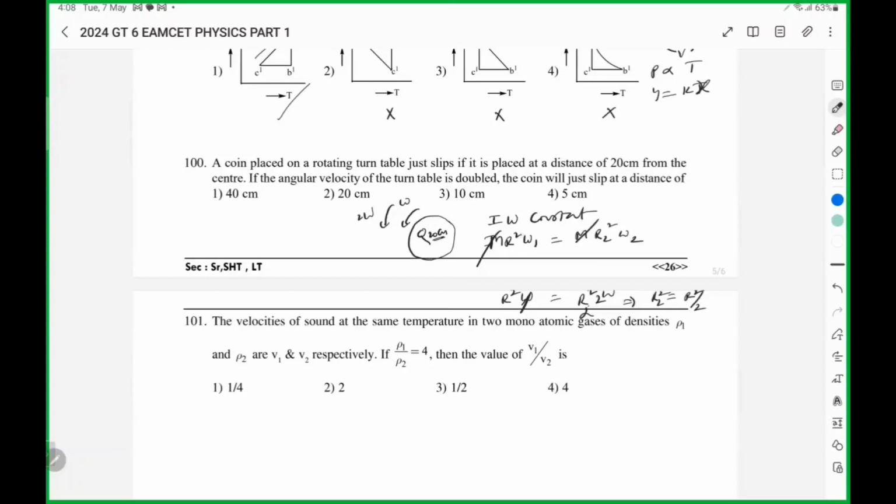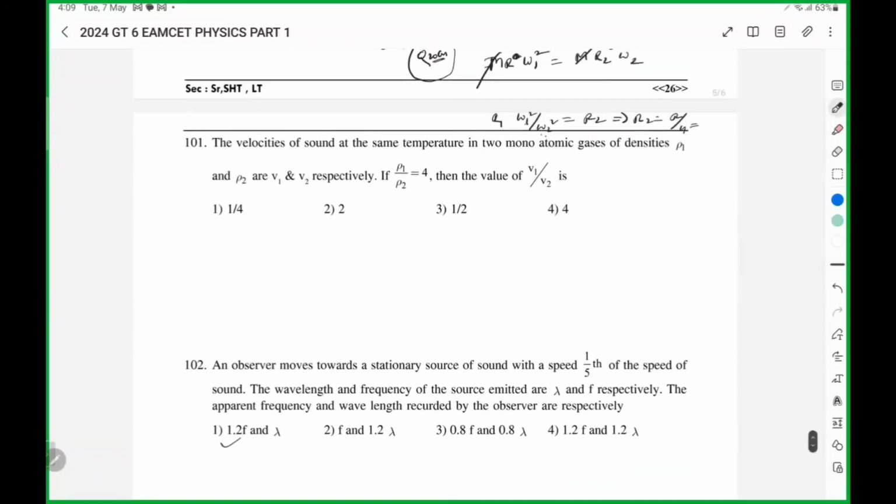So this is m r omega square. So R1 omega1 square by omega2 square is R2. So R2 is R by 4 because omega2 is 2 omega1. 20 by 4, that is 5 centimeters.